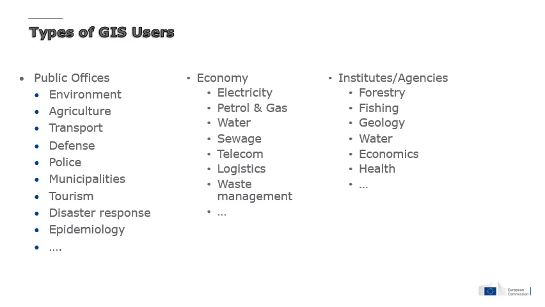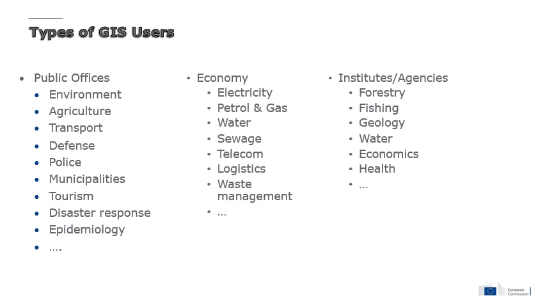Besides the most obvious public offices, public ministries or agencies like environmental agency, agriculture, transportation ministry, police, defense, municipalities that use geospatial data for spatial planning, tourist maps, disaster response, and of course a very recent case of epidemiology. We use a lot of maps to see how the disease is spreading and so on.